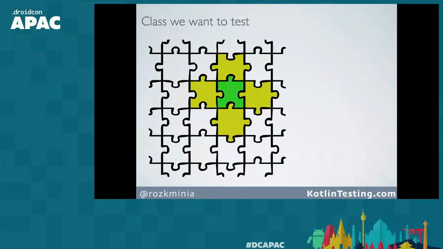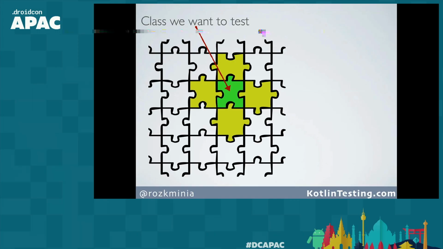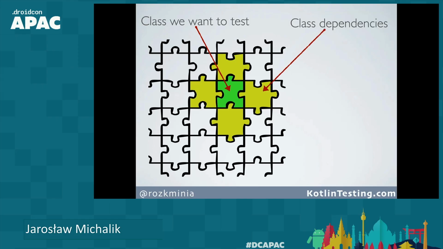But let's check again our puzzles with system under test dependencies. Static objects are not a direct dependency of the system under test. In a way, they are part of it, as well as kind of outside.